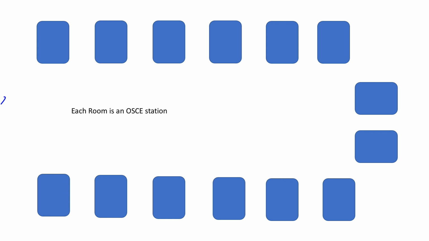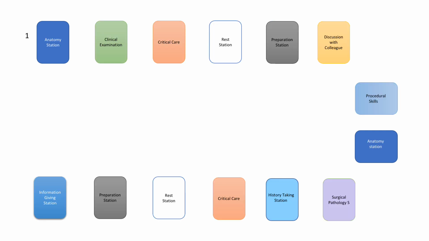So suppose you can start from any of these areas, and when you start, suppose here, then you move in this direction, and then you go through all the stations, and then you end here. So you go one station at a time, and this is how the OSCE circuit is arranged.